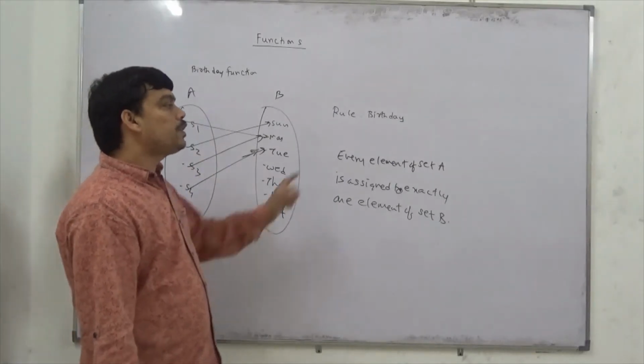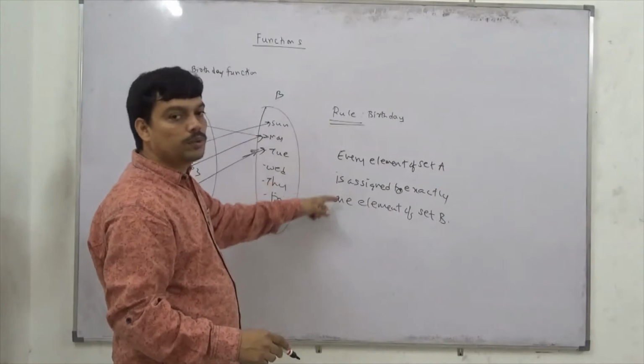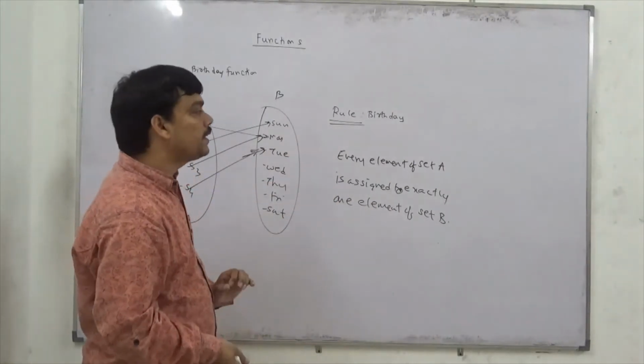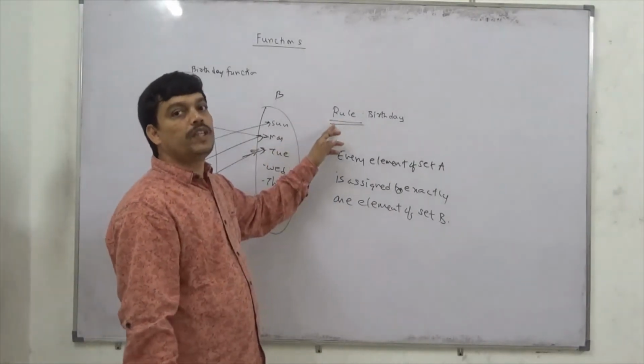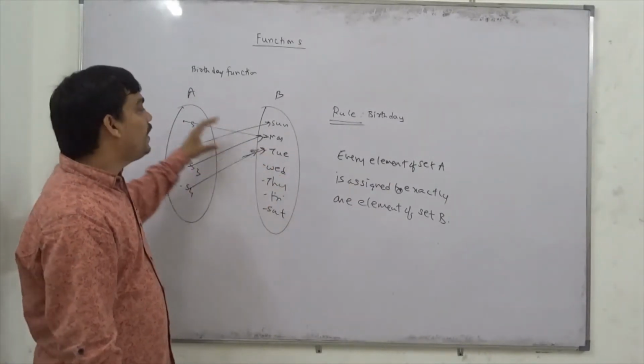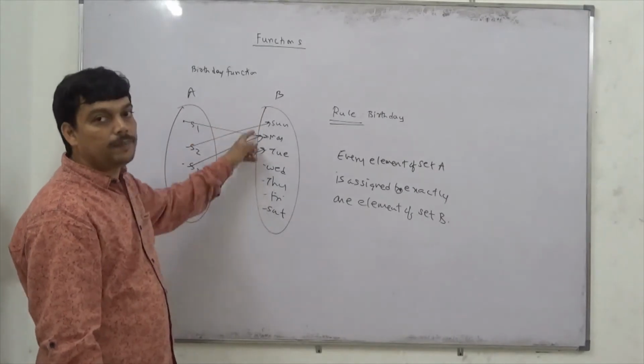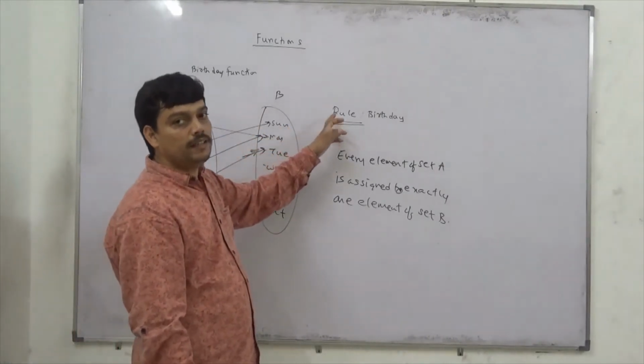So the rule by which you do this is a function. So what is a function basically? It's a rule by which we relate the elements of A with elements of B in such a way that every element of set A should be related only with exactly one element in set B. So that rule can be called basically a function.